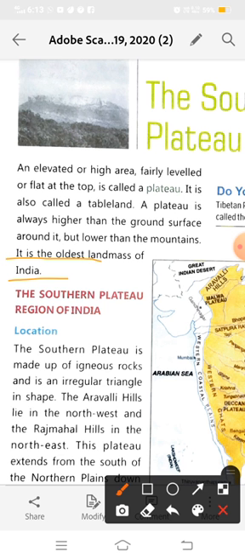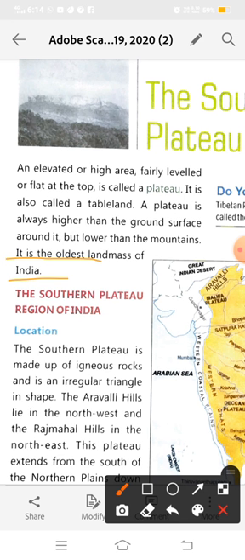So why is the Southern Plateau known as the oldest landmass of India? Actually, the Southern Plateau is also known as the Peninsula Plateau. What is the meaning of peninsula? You have learnt that any land which is surrounded by water on three sides and has a big landmass on one side is known as a peninsula.